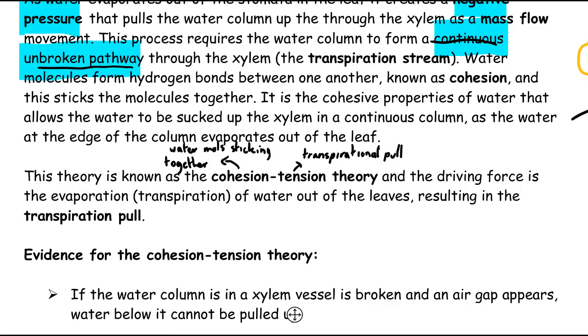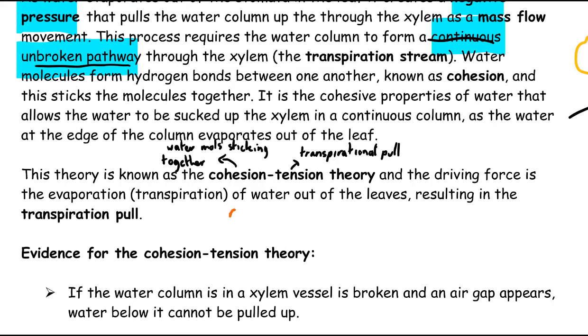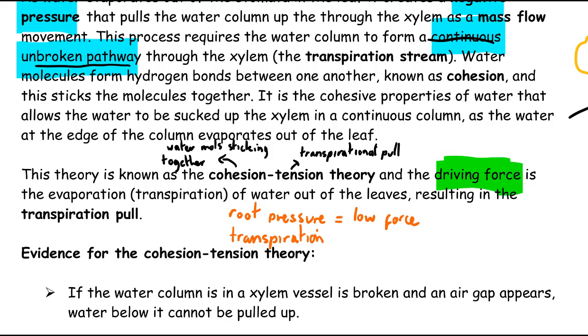Now, as we said in the previous section, root pressure was a pretty low force, whereas transpiration creates this negative pressure, and it's the driving force behind the water moving through the plant.